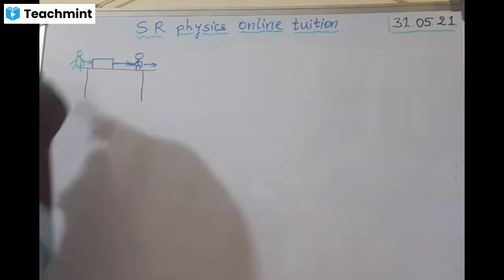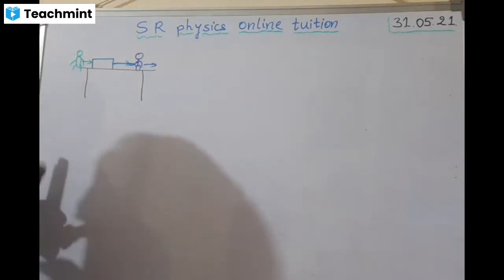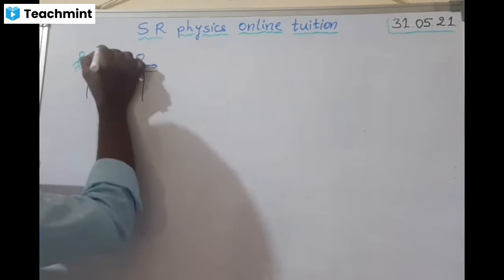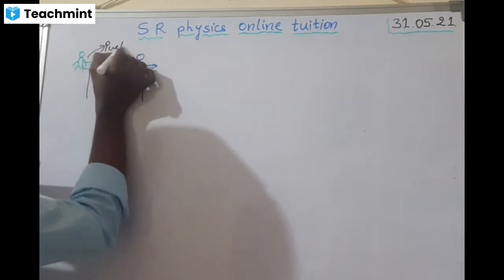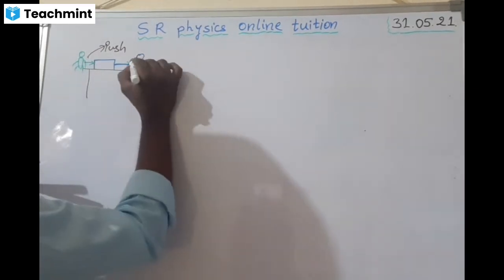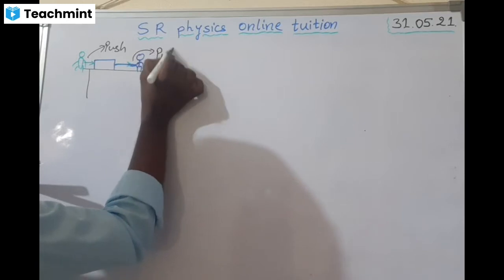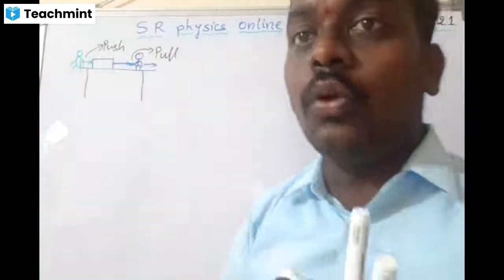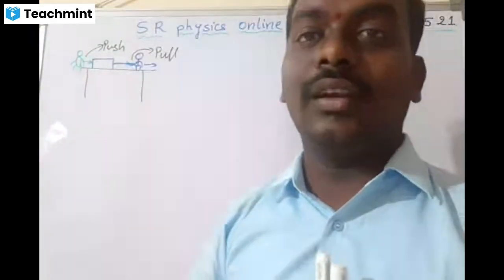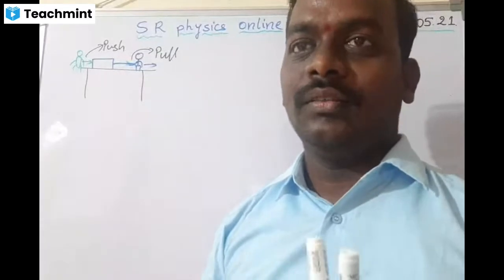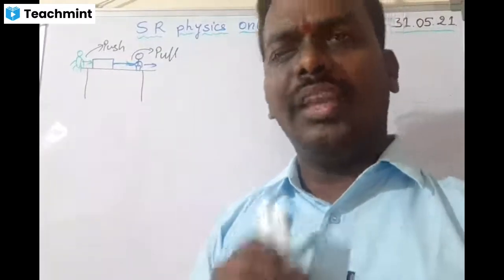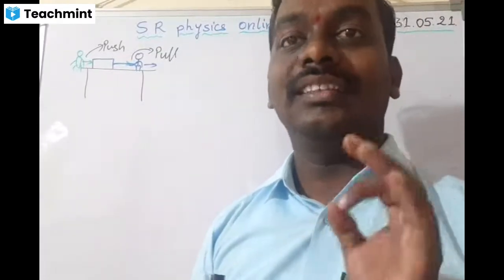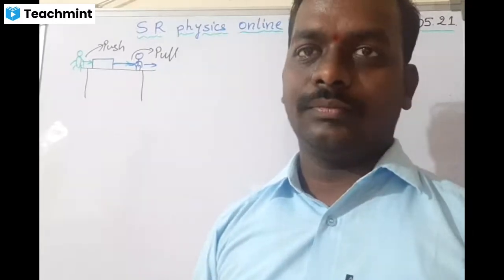See here, he is going to push here. And here, he is doing pull. Okay. So the push or pull on any object is considered as what? Force. The pushing or pulling of any object is considered as force.